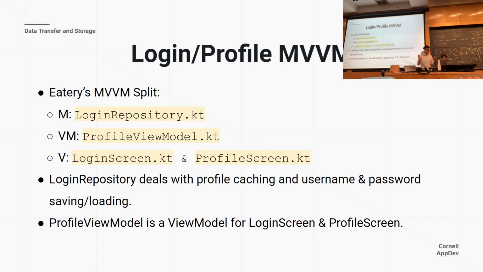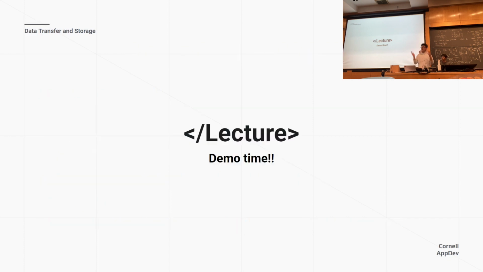These are four different files that we'll look into in a bit. The login repository deals with the profile caching and user and password saving and loading. The profile view model is just the view model for the login screen and the profile screen. So, without further ado, we have our demo.